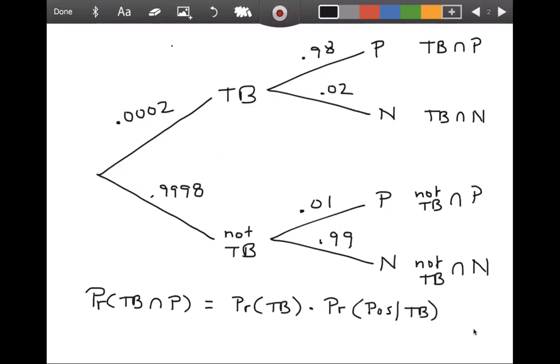Okay. So in other words, to get the probabilities of these 4 outcomes, we just multiply across the branches. So let me get my calculator ready here.